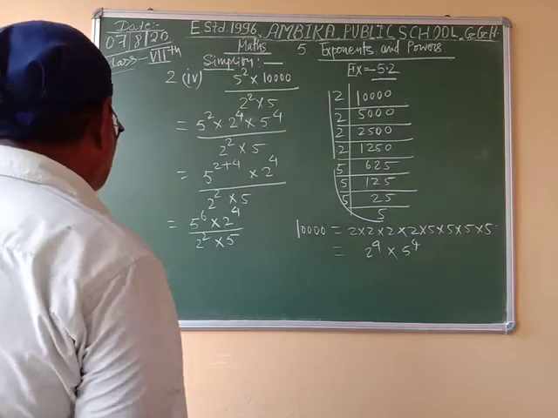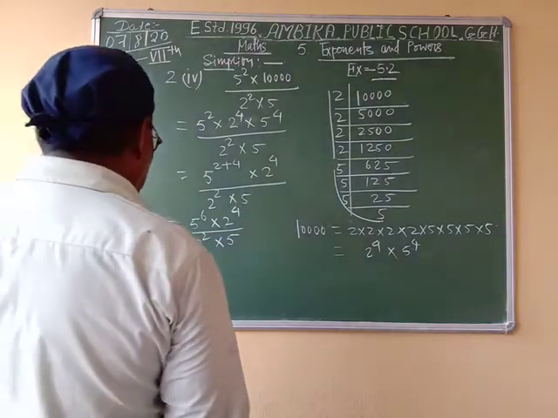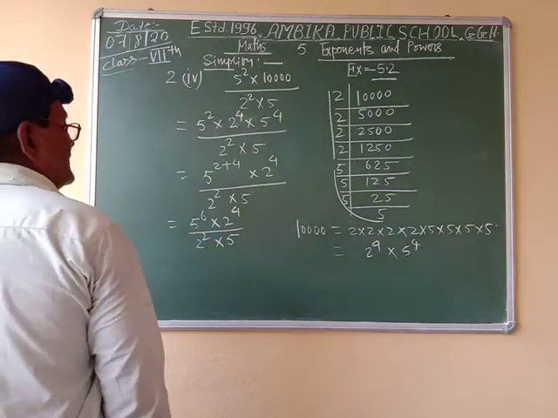Here we have learned that a to the power m divided by a to the power n is equal to a to the power m minus n.